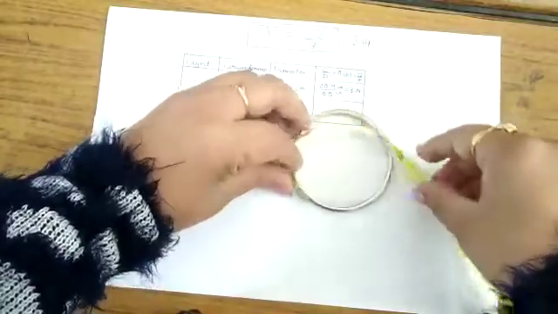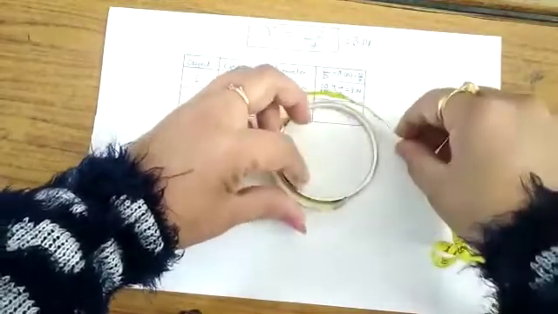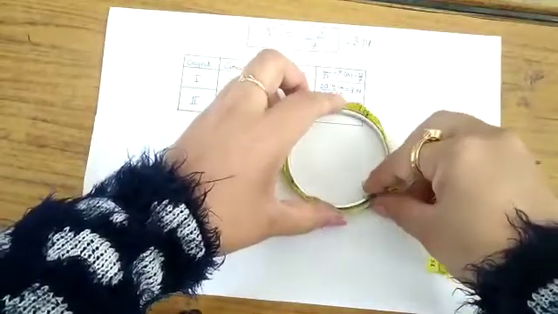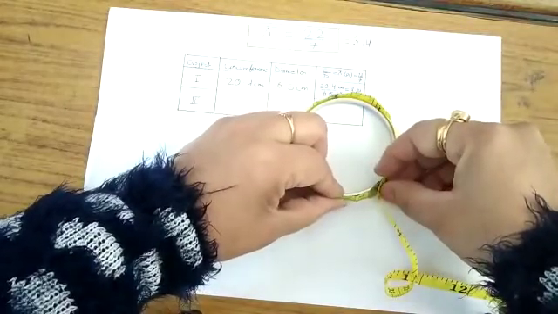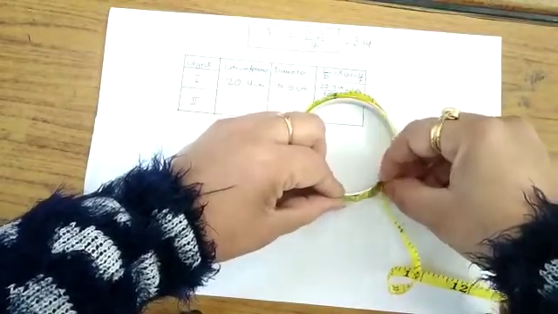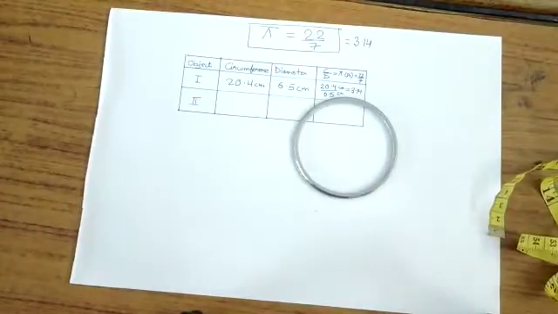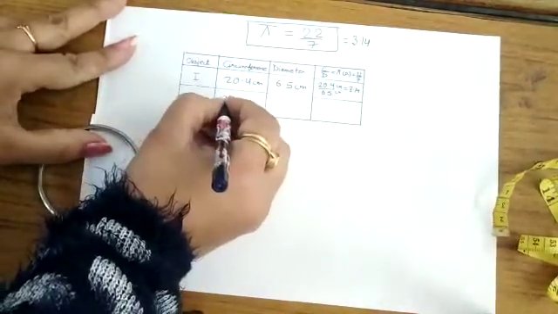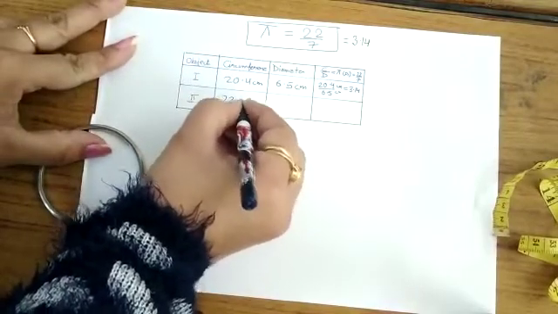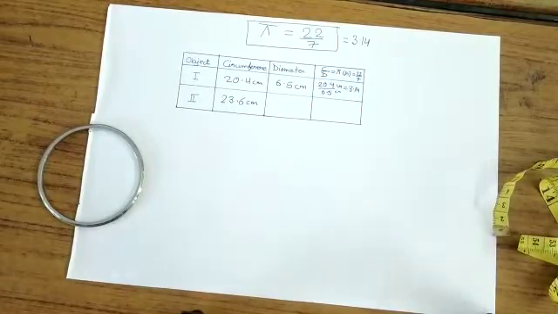Like this you will also measure any circular object, students. On measuring, it is coming 23.6. So the circumference of the second circular object is 23.6 centimeter. Now we will measure the diameter.